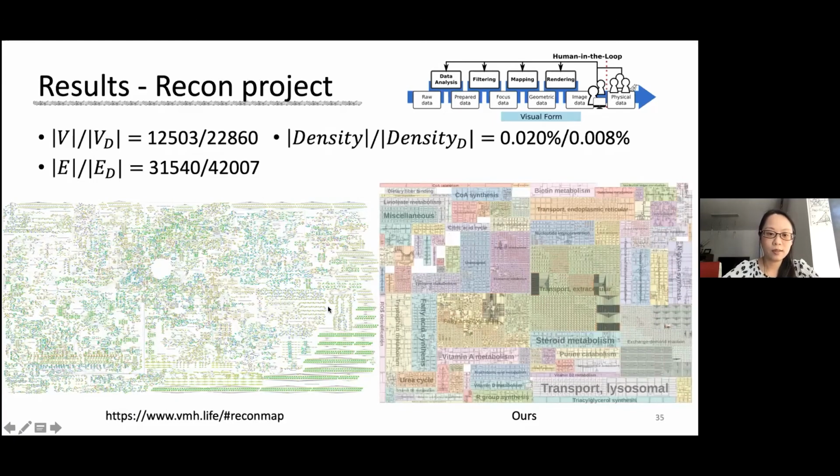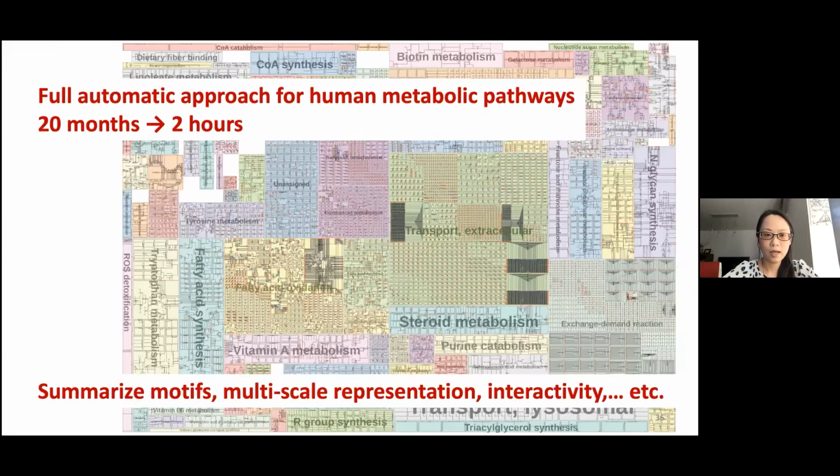And this is another result with the same diagram, as you can see here. So with this approach, we managed to save the designer's time from 20 months to 2 hours by summarizing a lot of motifs and multi-scale representation, as well as interactions.